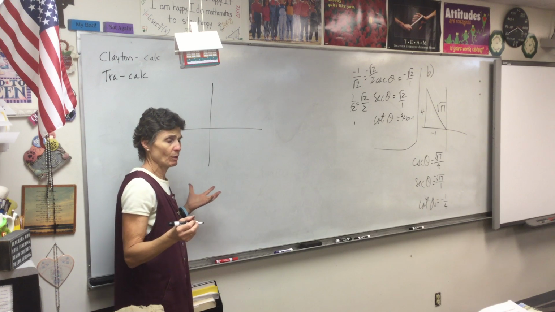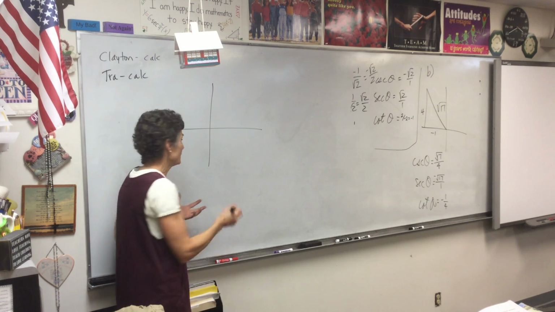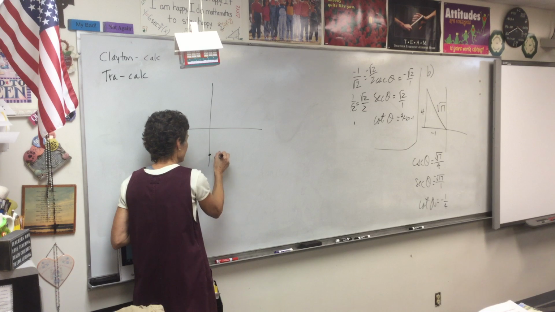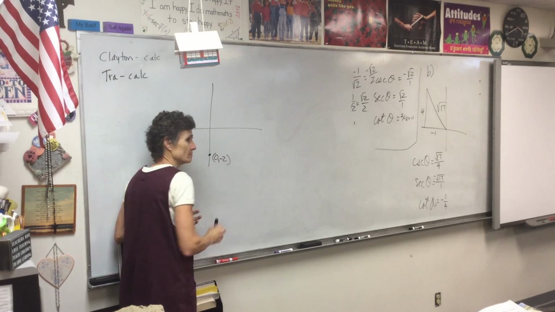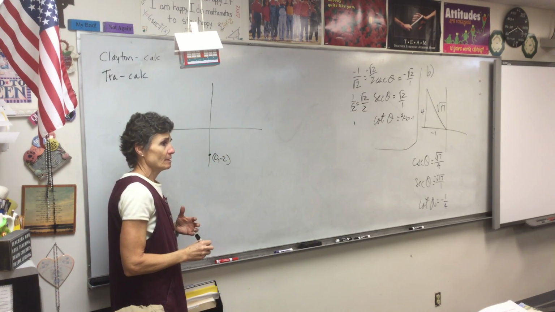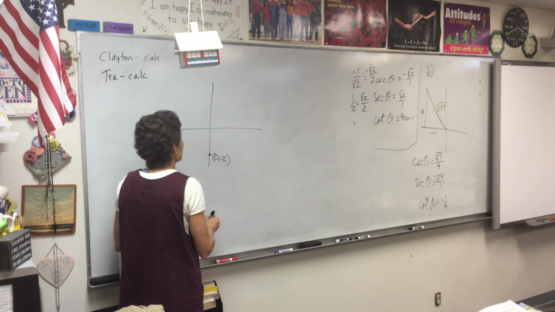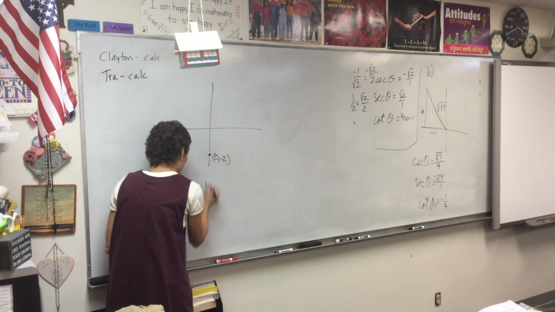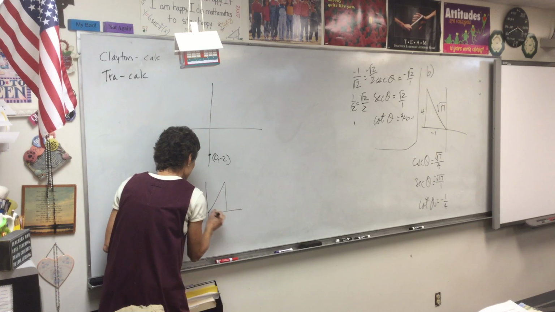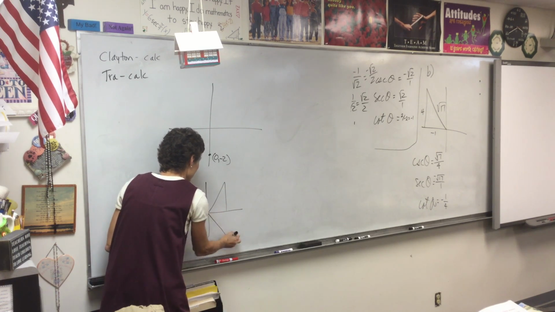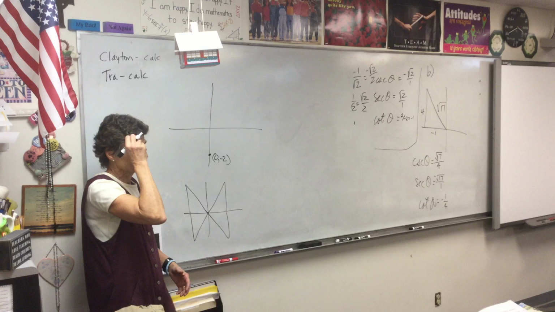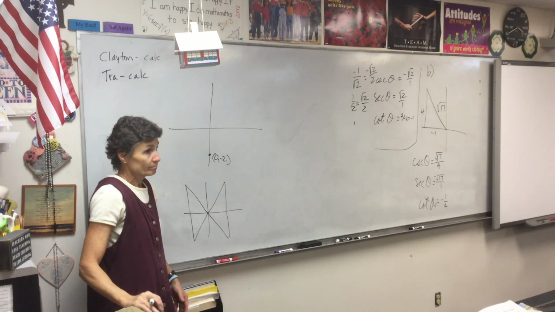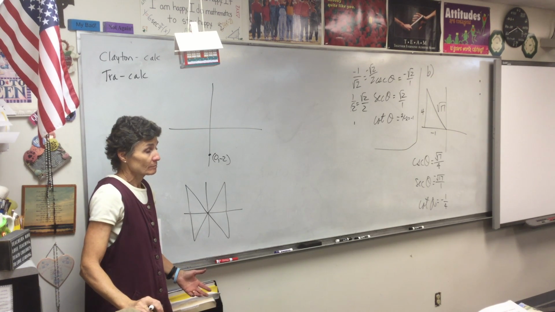It's right here, isn't it? Now, Mrs. Ford made a big, huge deal about the fact that when you draw a triangle, it must be one of these. Can't do it.